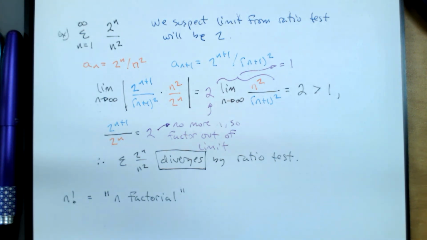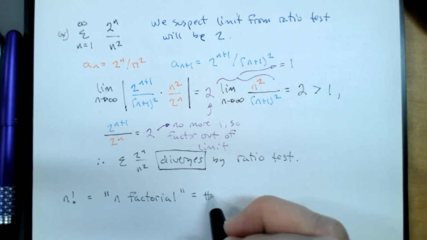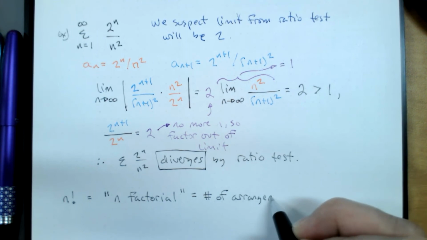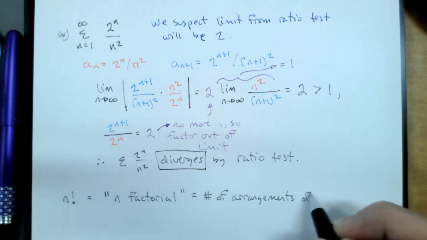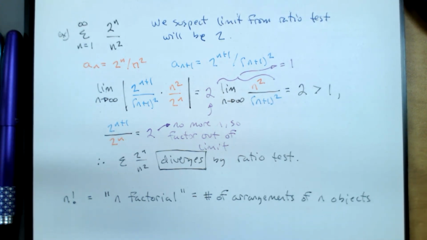We mean the number of ways we can arrange n objects. So n factorial is how we say that.